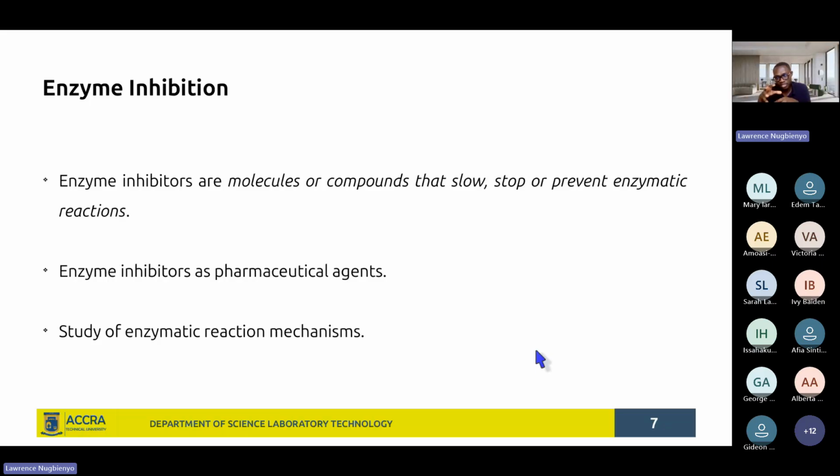So we'll take some specific examples, even in the development of things like pesticides, for instance. You also have some applications of enzyme inhibition in this aspect.